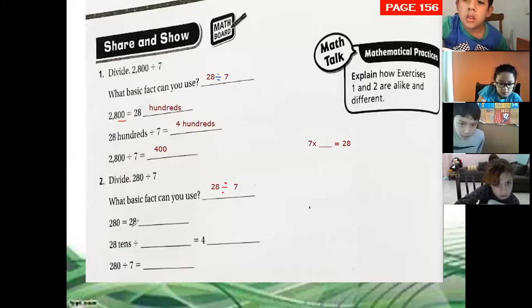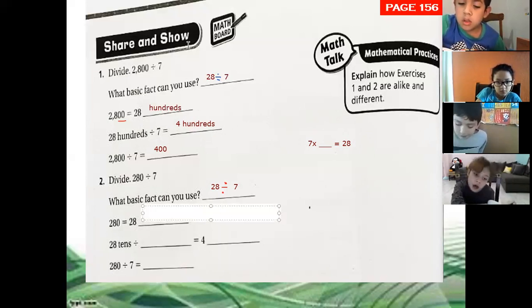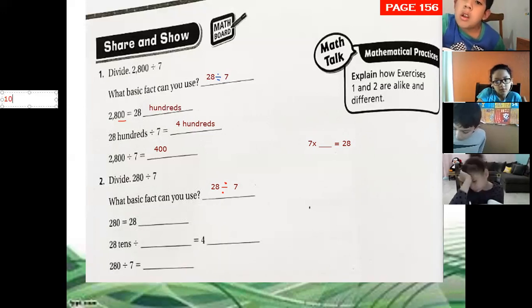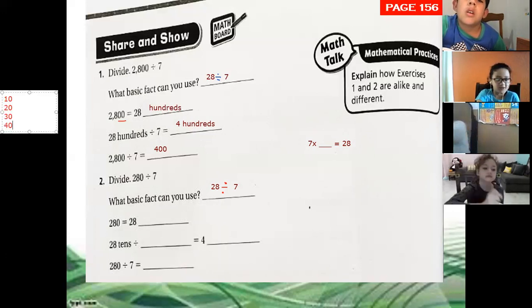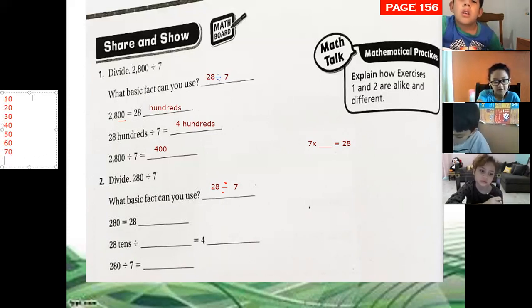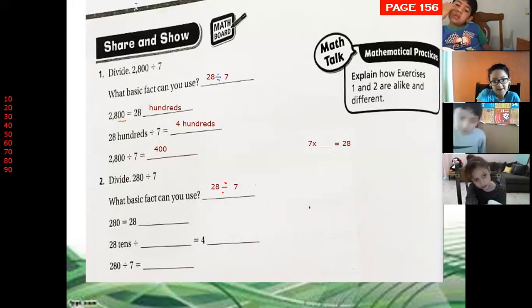Now, 280 is equal to 28. And how many zeros do I miss? I miss only 1 zero. So look at these numbers. Tell me, are these numbers tens, hundreds, or thousands? Guys, what are they? Because I have only 1 zero.